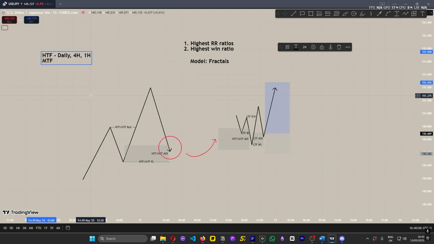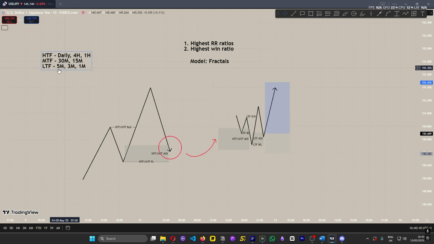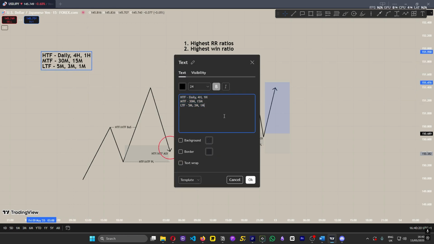For the middle time frame, I use the 30-minute and the 15-minute, and for the lower time frame, I use the 5, 3-minute, and 1-minute. And for the setups, when I want to enter, I would be using the 15-minute. So to enter, you would be using 15-minute, 5-minute, 3-minute as well, and 1-minute.